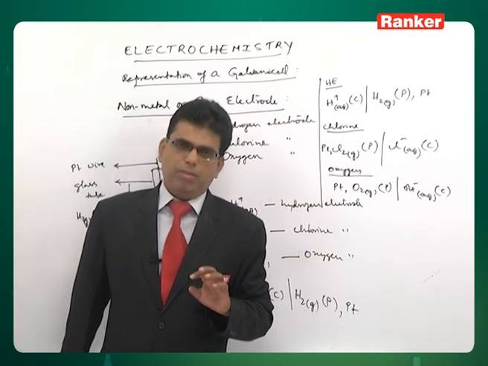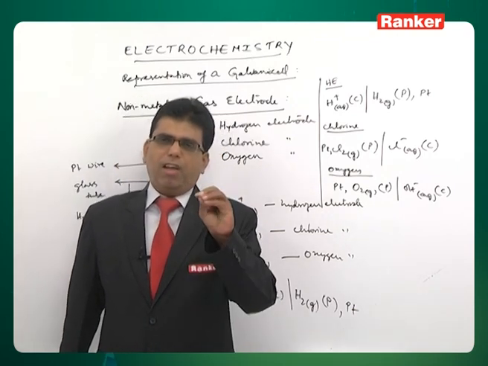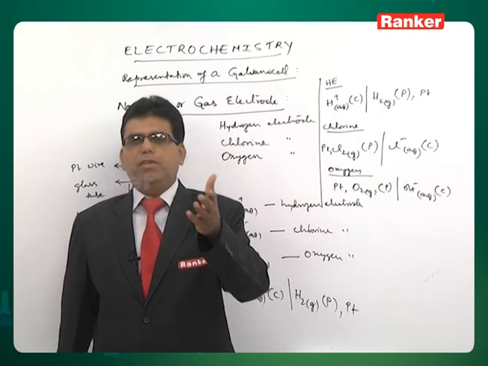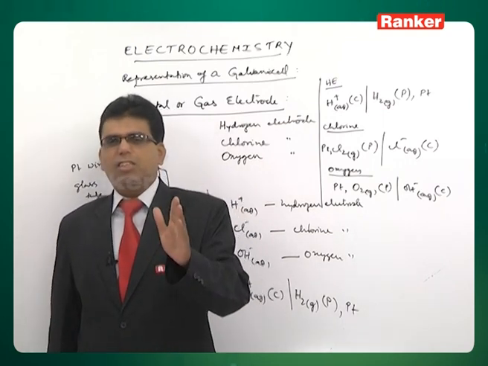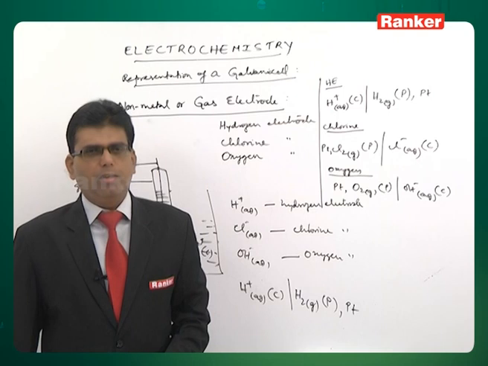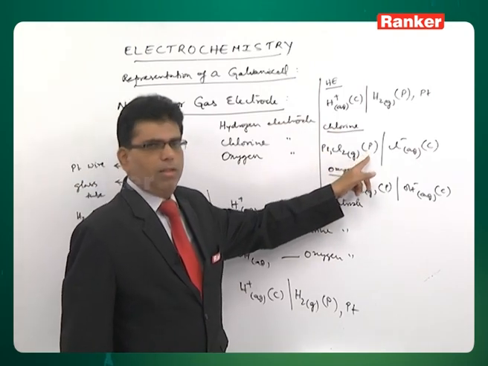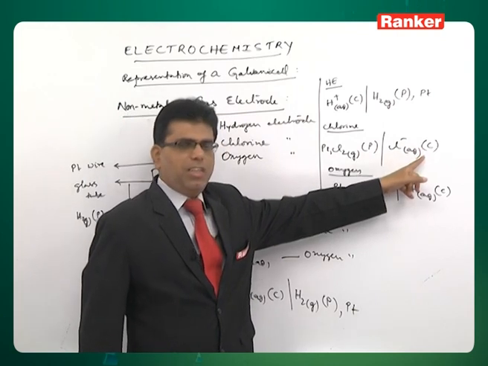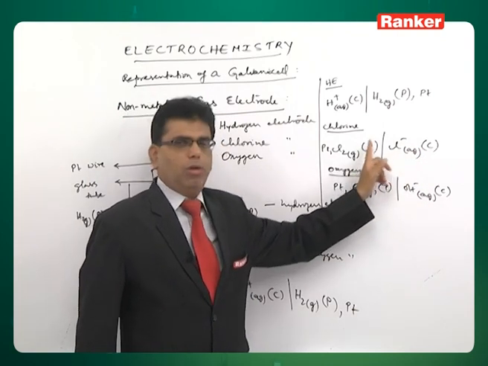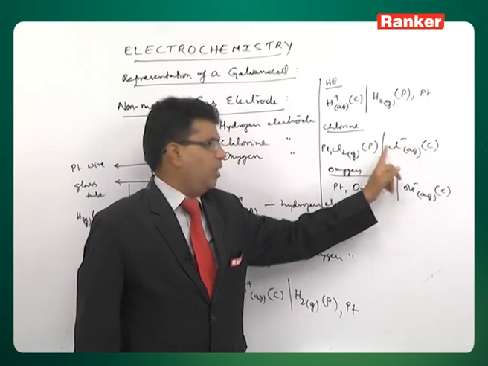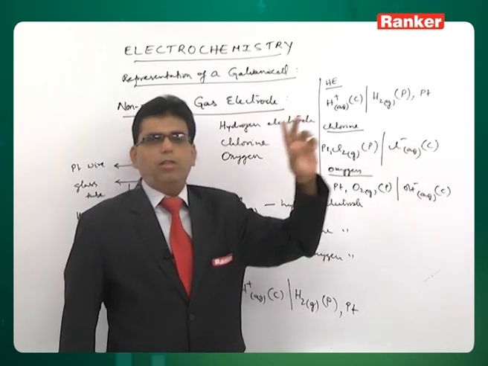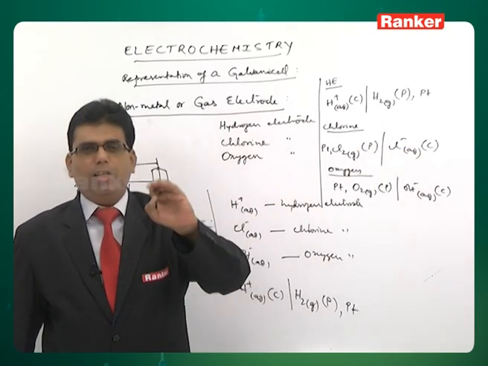And the EMF of a galvanic cell is related to free energy: delta G is equal to minus nFE. So, at what pressure the gas is filled, at what concentration of the ion we take, both are important. So, while representing the cell notations, the pressure and concentration both have to be mentioned very clearly in the brackets.